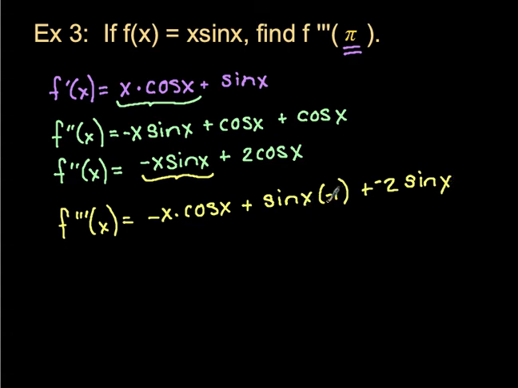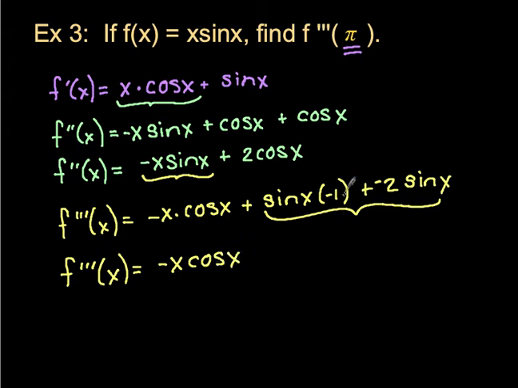Okay, so if I have a negative sign here and a -2 sine here, I can simplify that to be -3 sine. So my third derivative cleans up to be -x cos of x, I have -1, -2 sine, so I have -3 sine of x.